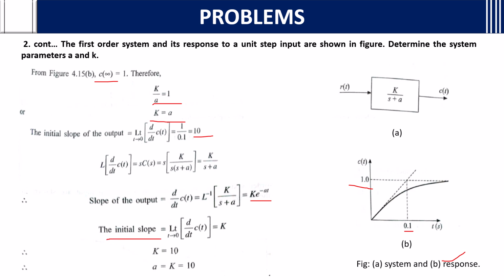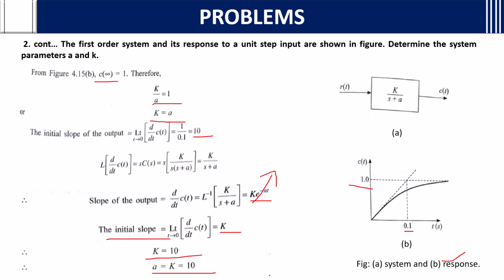So the initial slope is limit t tends to 0, d by dt of C of t, which is equal to K, because when you substitute t tends to 0, it becomes K. So K is equal to 10. Why?